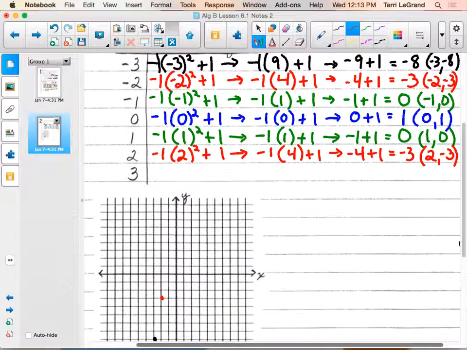All of a sudden, some x values will get the same y value that you got for a different one.